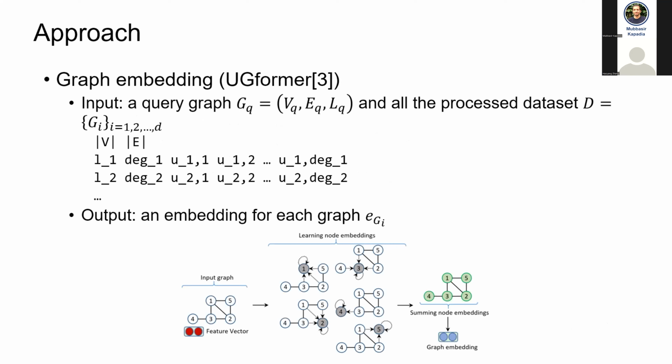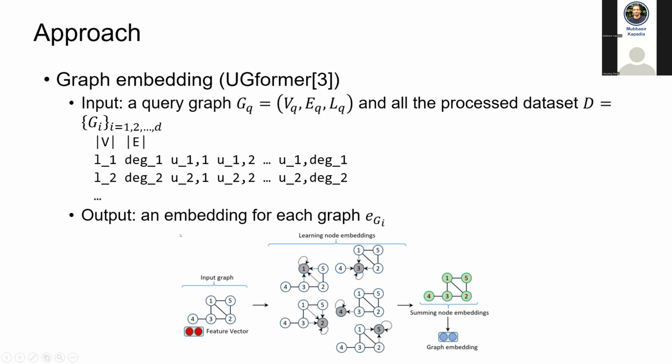The third part is the graph embedding. We input a query graph G query, and all the processed graphs. For each graph, the format will be the number of vertices, the number of edges, and then starting from the next line, each line represents a vertex starting with its label and then its degree and all its adjacent vertices.